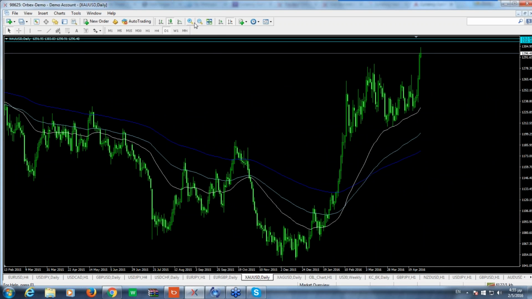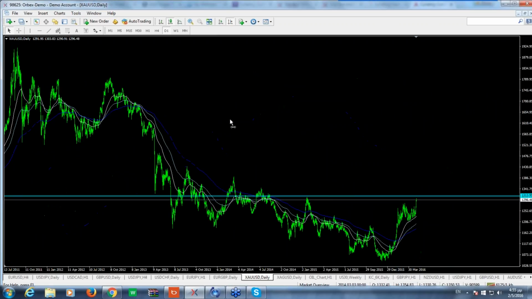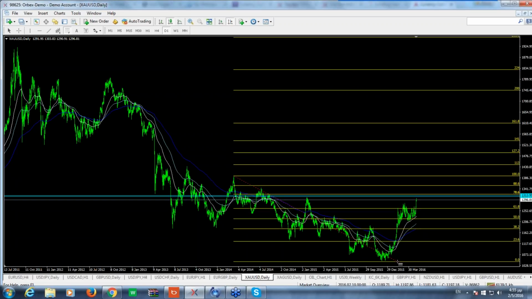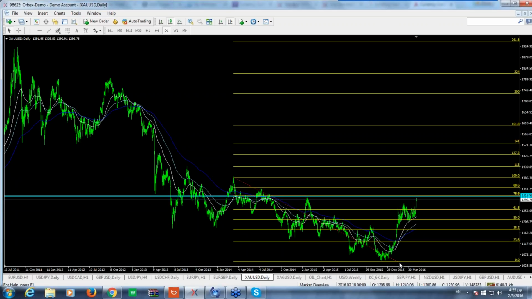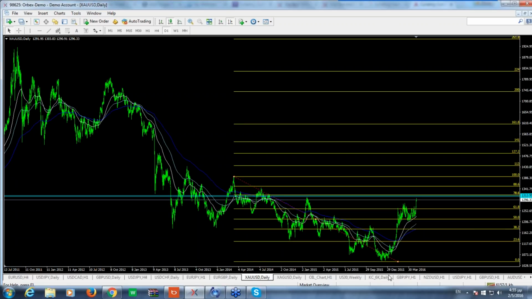But of course, if you zoom out and start picking any of these peaks downwards, let's say we've got a significant peak right up there, and you go downwards, you could see that the 78.6 Fibonacci ratio, pulling it from there right down here, has landed very close to the horizontal lines that I have drawn.